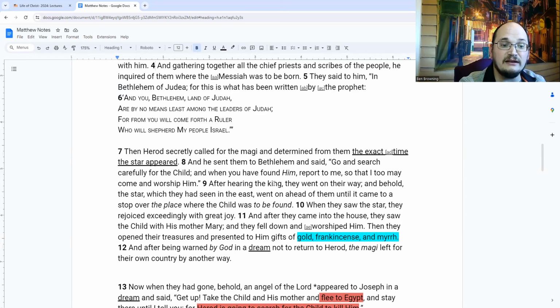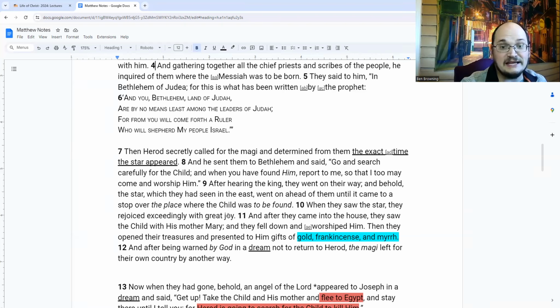And after hearing the king, they went on their way, and behold, the star, which they had seen in the east, went ahead of them until they came and stopped over the place where the child was found. When they saw the star, they rejoiced exceedingly with great joy.